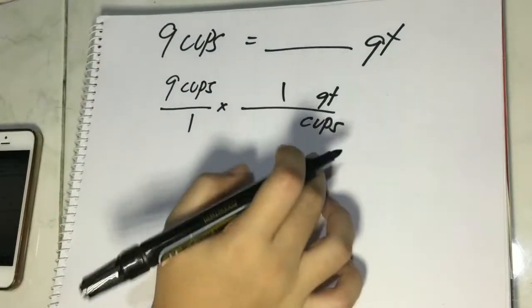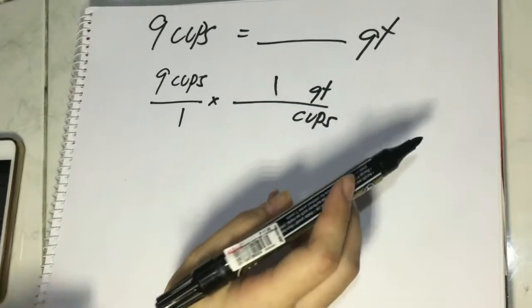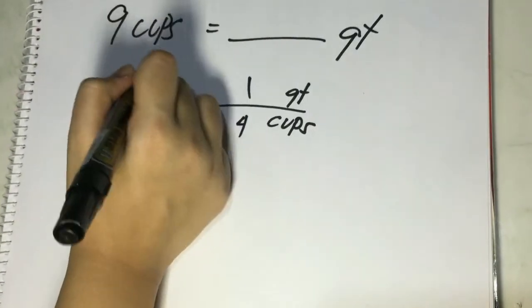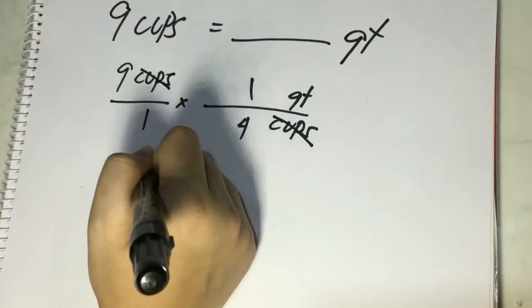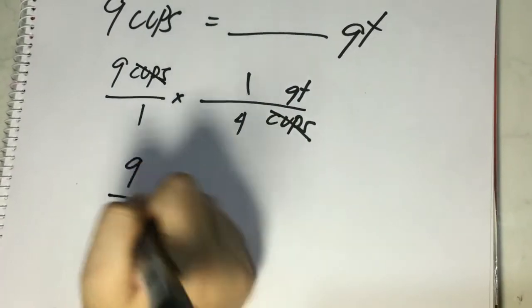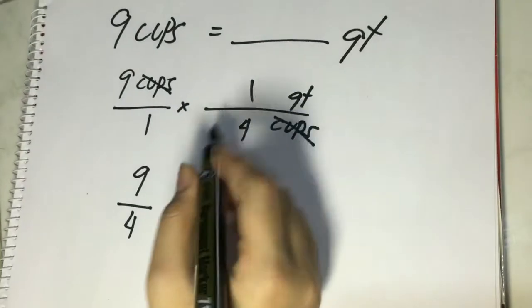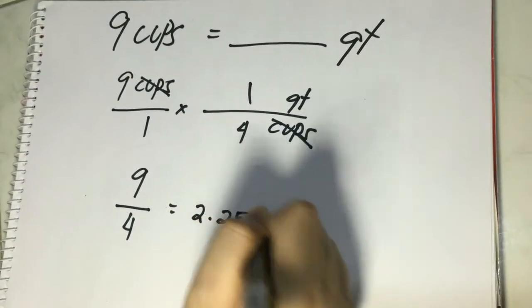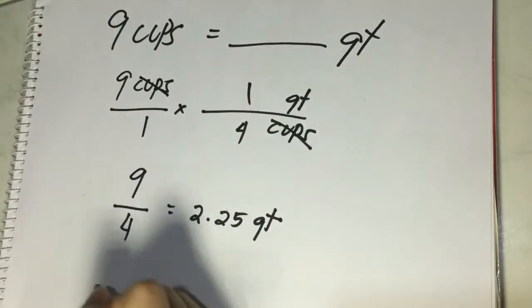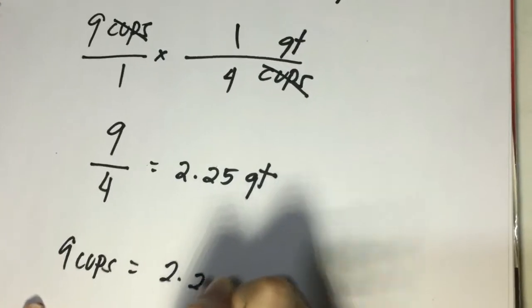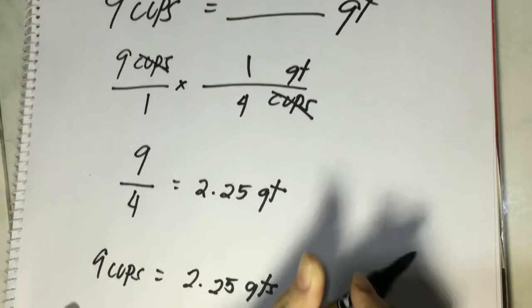So, how many cups are there in 1 quart? There are 4 cups, so cancel similar units. Then 9 over 4. Divide the two numbers, and that results in 2.25 quarts. So, 9 cups is equal to 2.25 quarts.